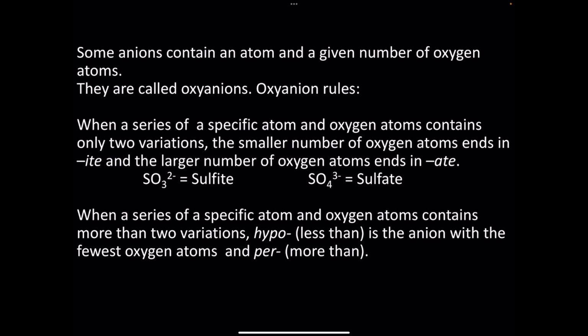Okay, so we get that ite ending in between and the ate ending in between, but then we have more of them. So here's an example, hypochlorite, right? So that hypo prefix right here, hypo means less than. So think about like hypothermic. You are under temperature if you are hypothermic, right? So hypochlorite means it has fewer oxygens and it has this ite ending.